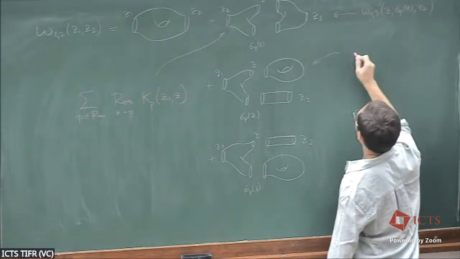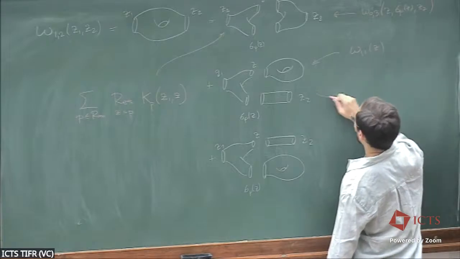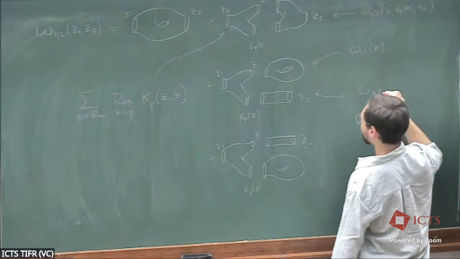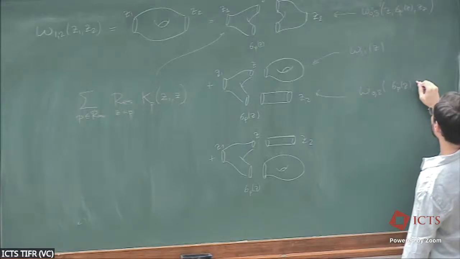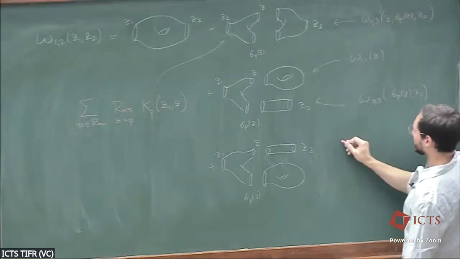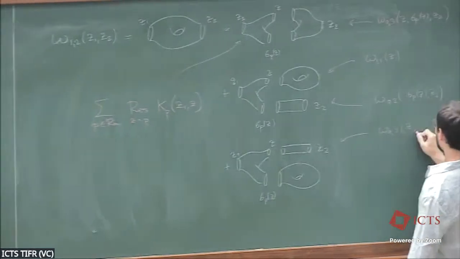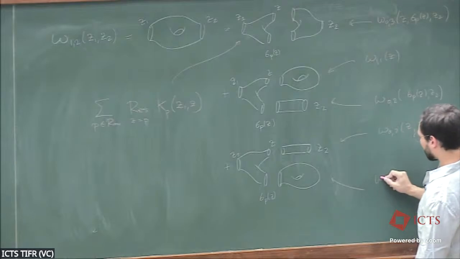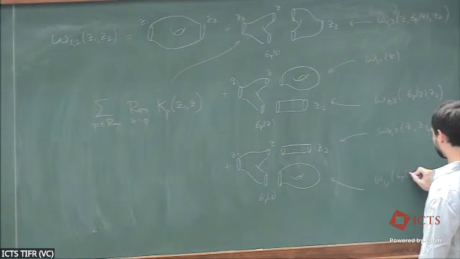This term here is just omega 1,1 of Z. This one is omega 0,2 of sigma P of Z and Z2. And you can imagine here I have instead omega 0,2 of Z, Z2. And lastly, this is omega 1,1 of sigma P of Z.